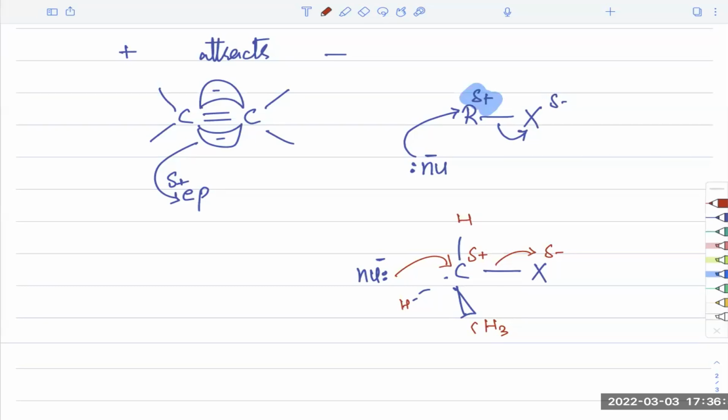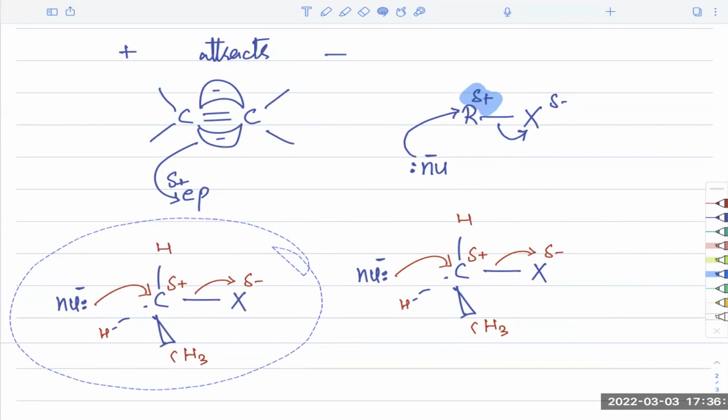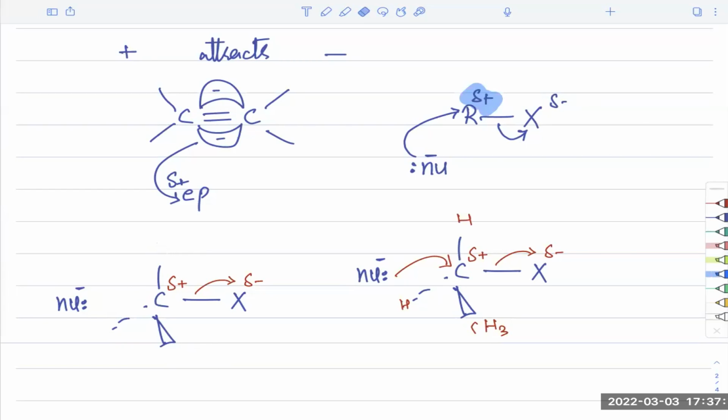But if this carbon is very crowded, if instead of just hydrogens it has C2H5 and C3H7 and C5H11 or something like that, it's a big molecule and the carbon is deeply buried in other alkyl groups around it.